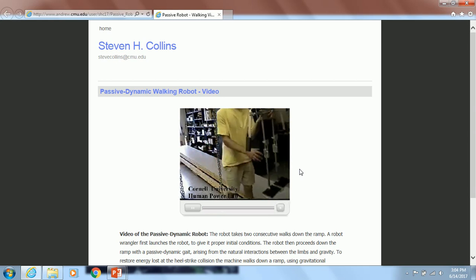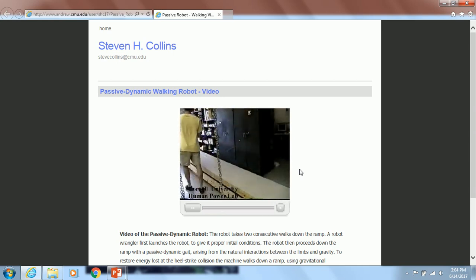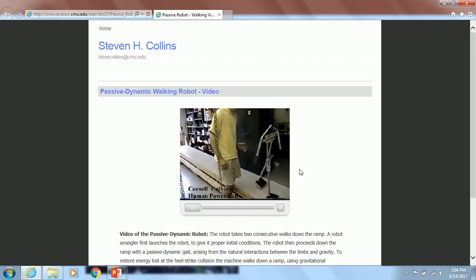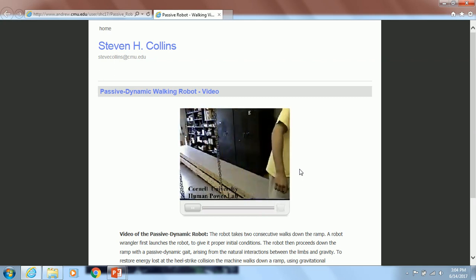But what they have done basically is balance different lengths of limbs and different weights at the ends of them, so that when walking at a slight decline, this robot with no motor or anything walks remarkably similar to a human. So we see there's no motor here. There's nothing creating the movement.